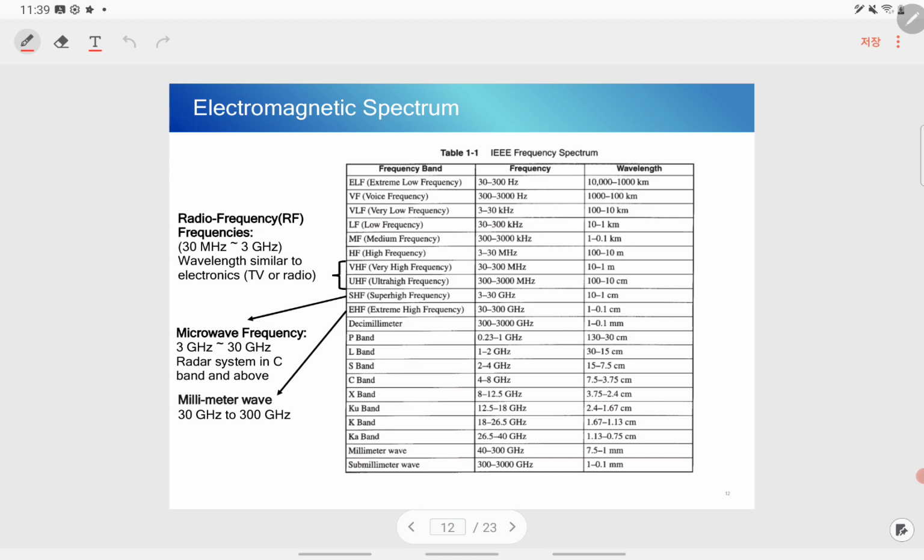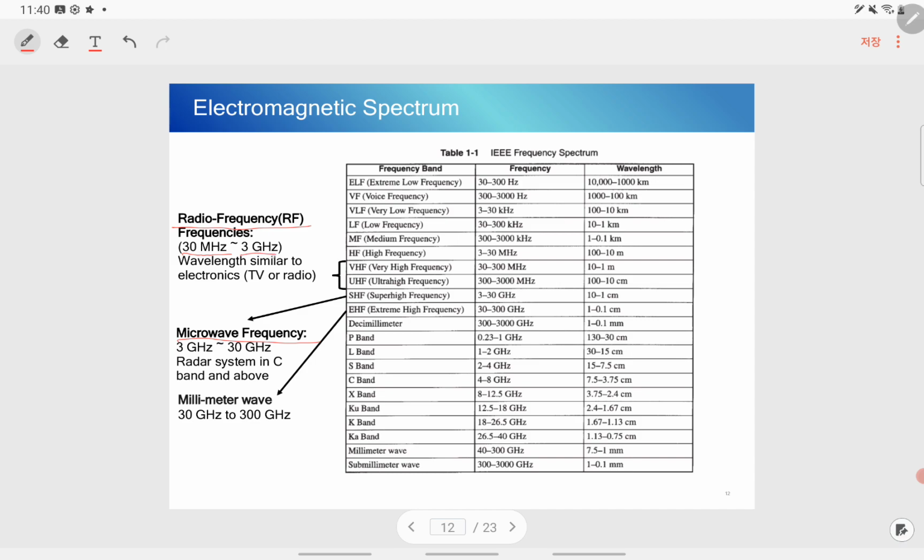So in terms of spectrum frequency range, the important bands that we need to know are the RF frequency and microwave frequency. You are learning microwave engineering, and people ask, what is microwave engineering? It is about EM waves with high frequency. So what frequency? You can answer: radio frequency is about 3 megahertz to 3 gigahertz.